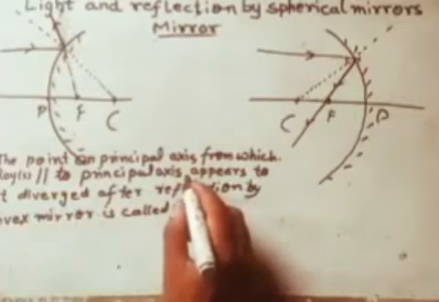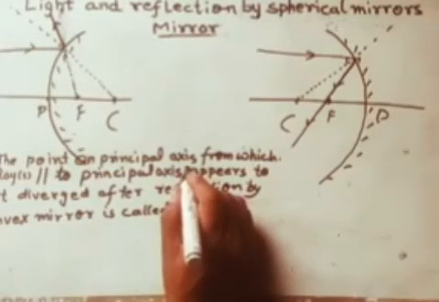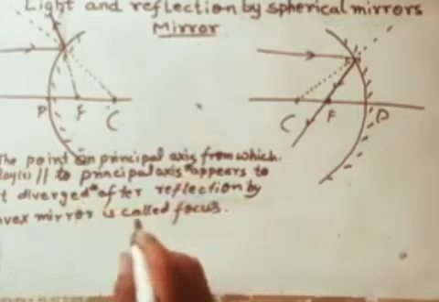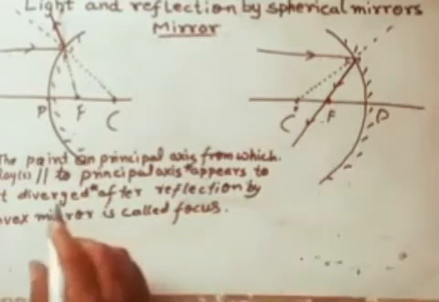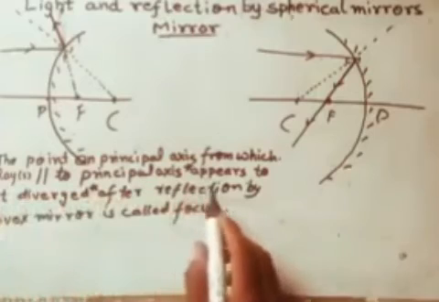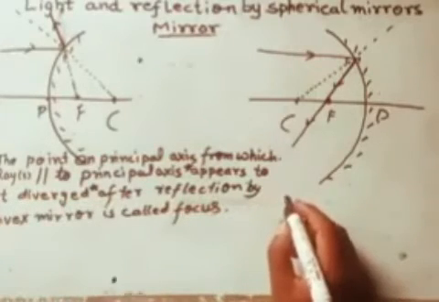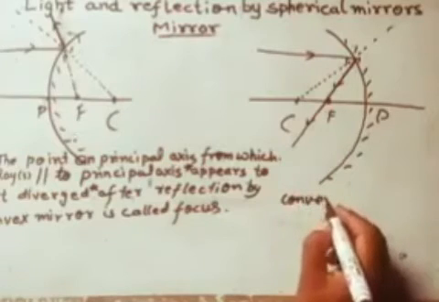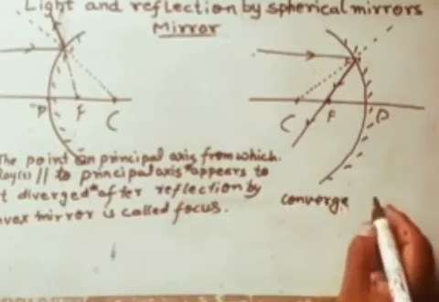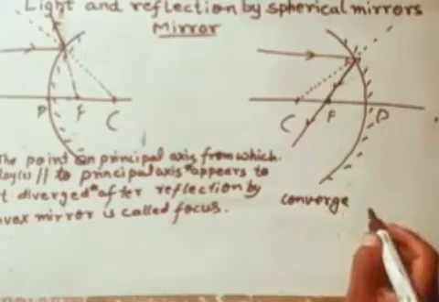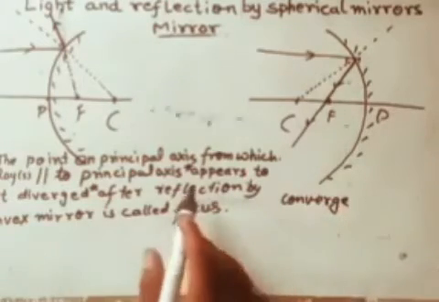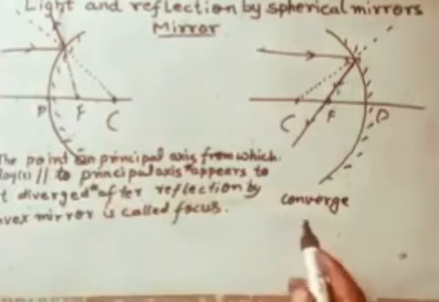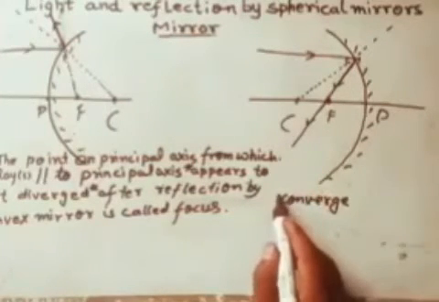In place of this, we will write that rays parallel to the principal axis converge. In one case it appears, and here it actually converges.